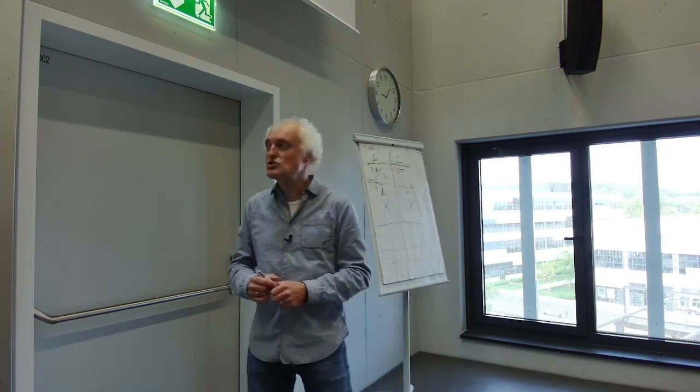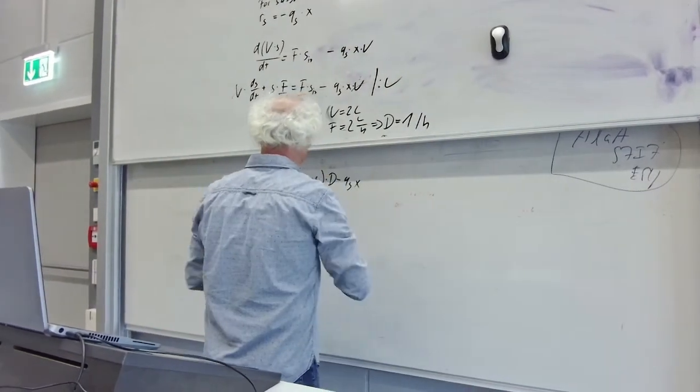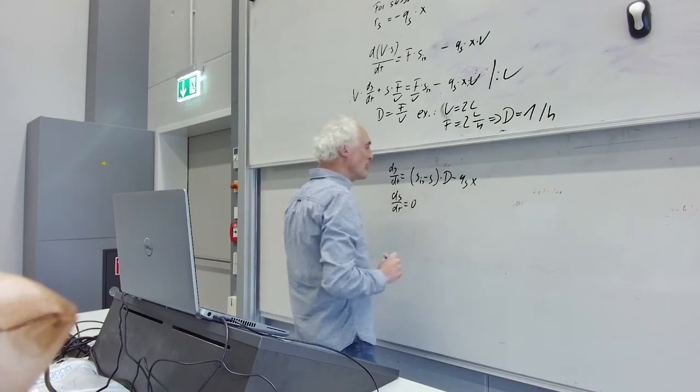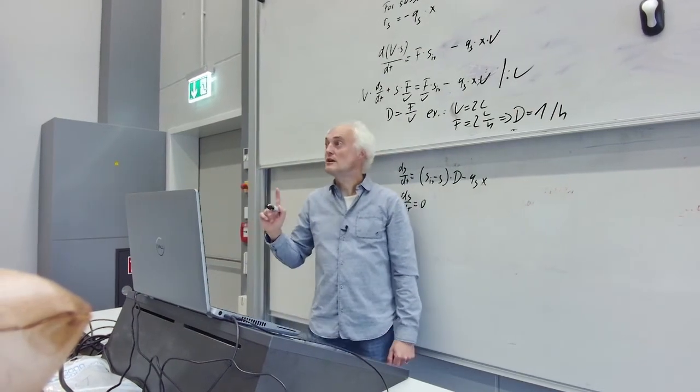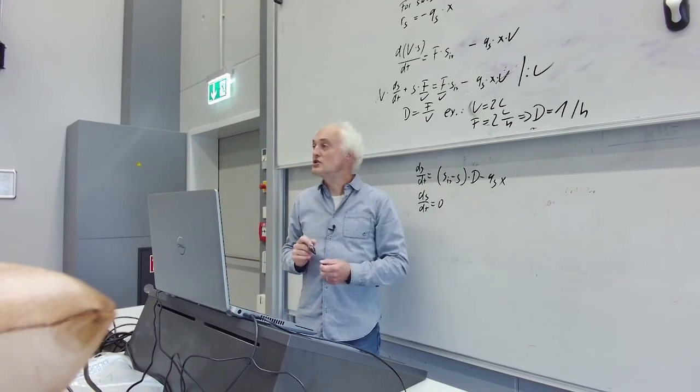So I simply assume dS/dt is 0. This is an assumption for this first approximation.